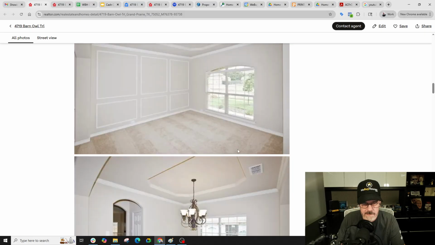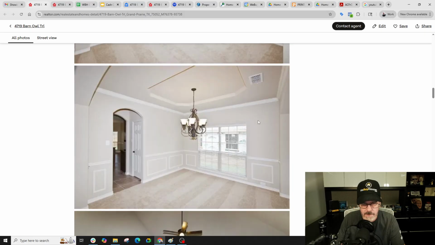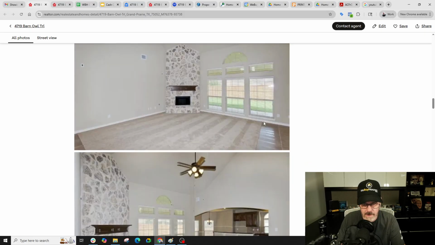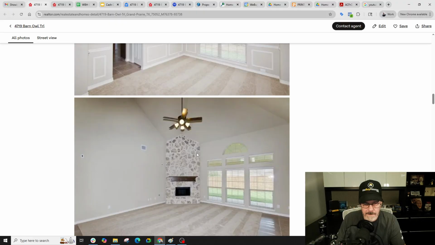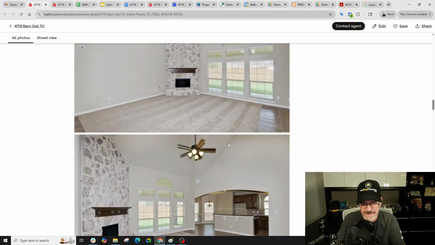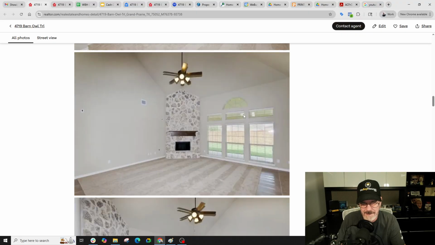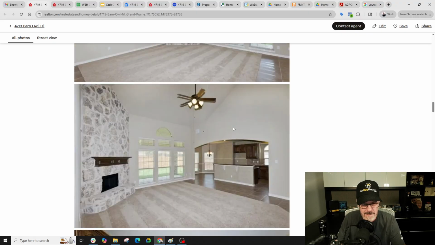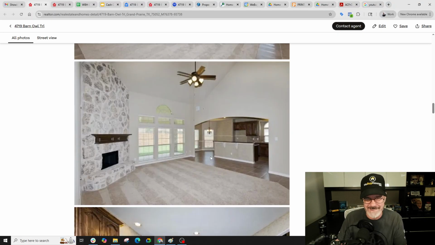Coffered ceiling, looks like carpet on the floors in there. Yeah, that's just carpet, like they mowed the lawn. Fireplace, there you go. I built a house very similar to this. I swear, it's almost like I'm in that room of a house I built. Oh no, my kitchen was back there, but still very similar.